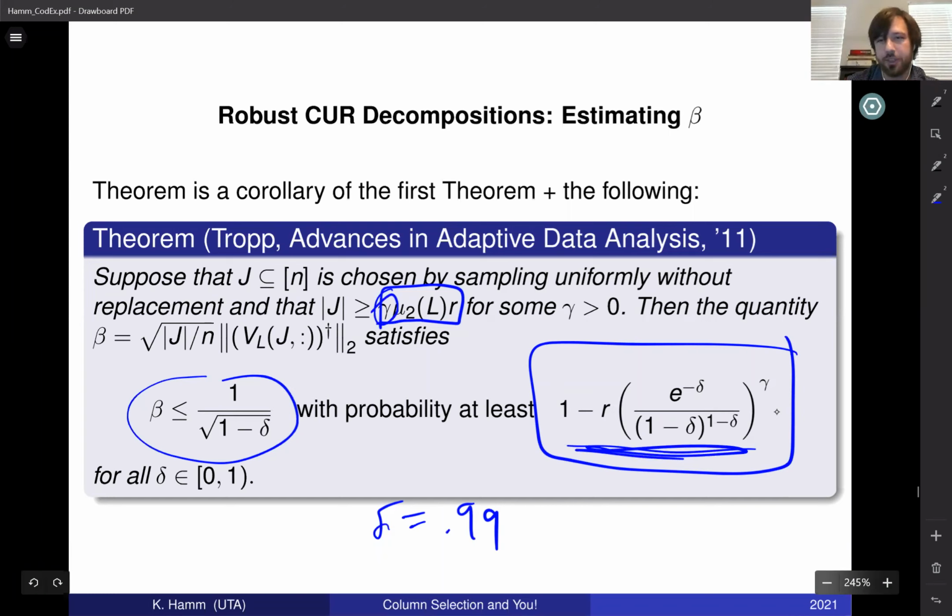You could do something like r log r, but then the probability is going to be like 1 minus inverse polynomial in r instead of n. It depends on what you want there. But the main driving force is this theorem, and I will agree with Karen that this is a sort of secret sauce that makes a lot of things work really well.